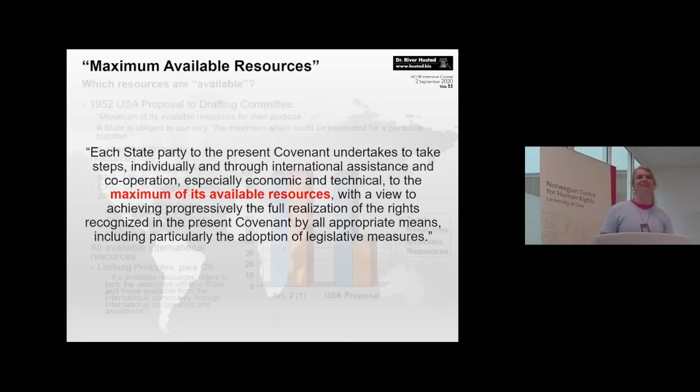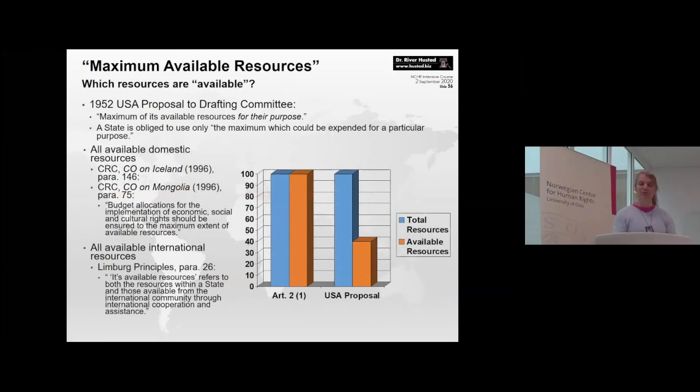Not too bad. So when we talk about maximum available resources, what does that mean? Well, the US at the time, in 1952, when the covenant was being drafted, put forward a proposal, and the content of this proposal is something that a lot of states still try to use as reasoning. That when it says maximum available resources, it's the available resources that have been dedicated to that particular issue.